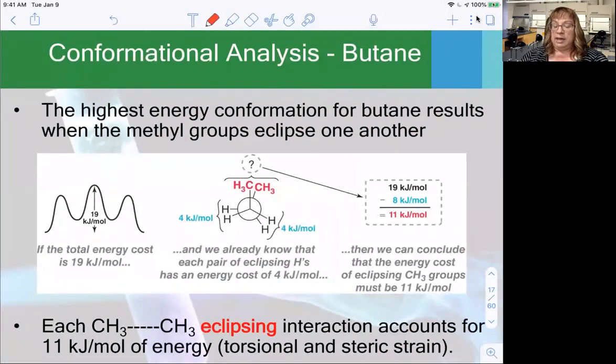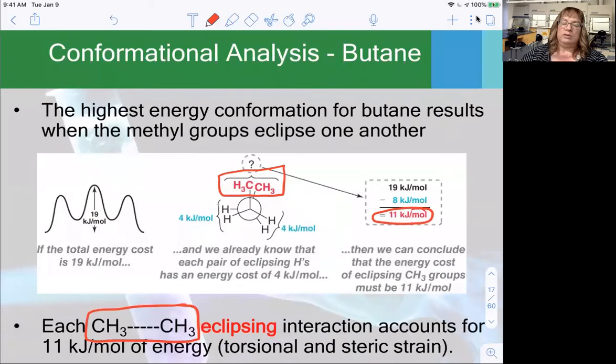Again, if I look at the absolute highest energy conformation for the eclipsed conformations, it happens when these methyl-methyl is actually eclipsing each other, and that interaction results in 11 kilojoules per mole. So every methyl-methyl eclipsing interaction raises the energy by 11 kilojoules per mole. So this is the highest energy conformation for butane.